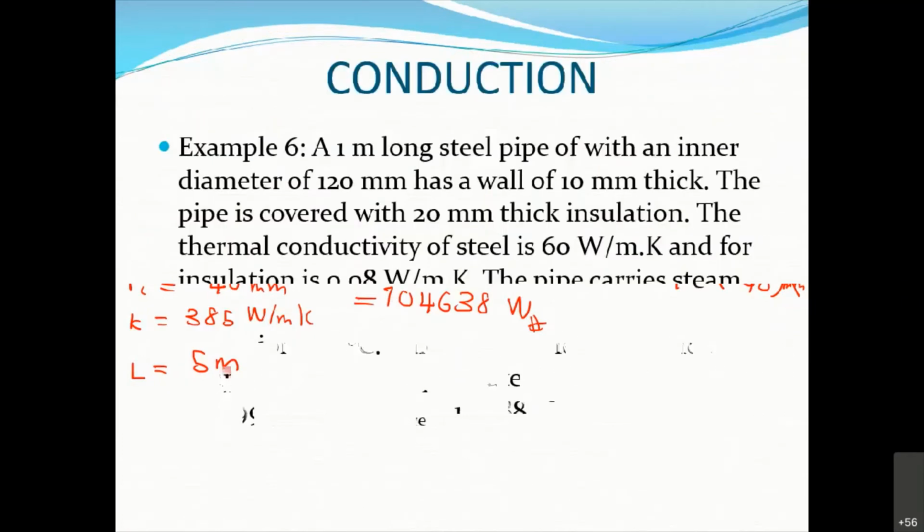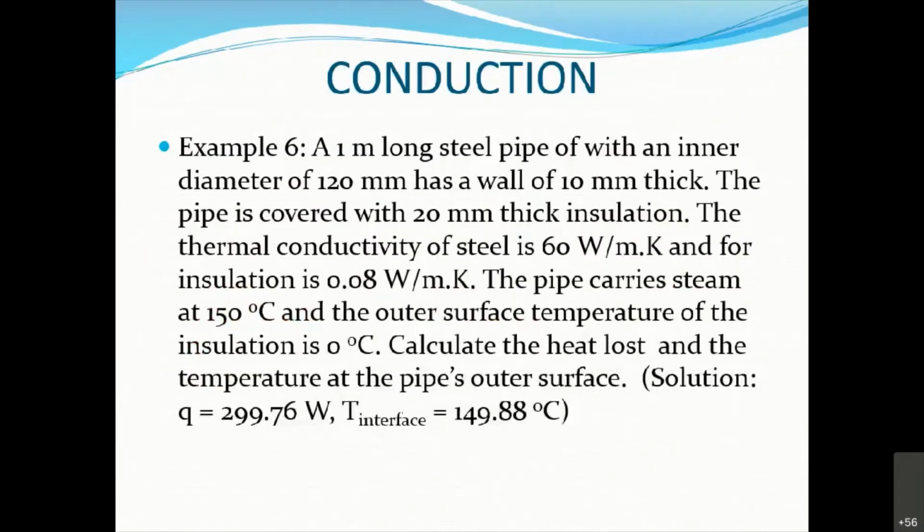So if you look at example number 6, it is saying a long 1 meter. So again, we know the length. So this is your L. A 1 meter long pipe with an inner diameter of 120. So this is your Di value. It has a wall thickness of 10 mm.